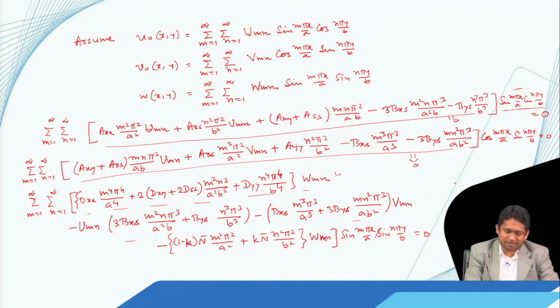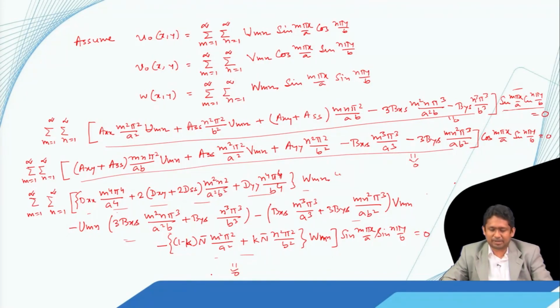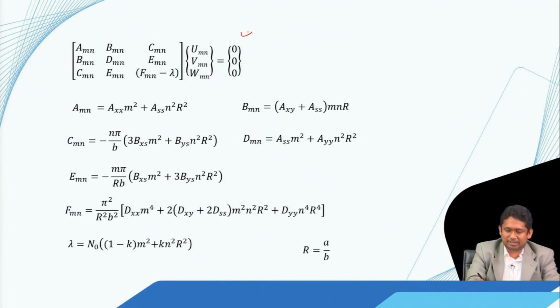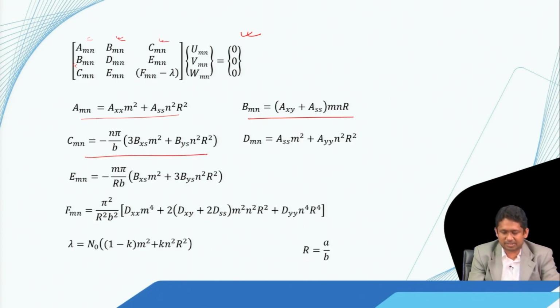Now we can say that whatever is inside the square bracket, that's equal to 0. So if I combine the three equations that we get for each m and n, the equation looks like this. Here AMN is this. Similarly BMN, what we see BMN here, that is this. Again BMN is here, the matrix is symmetric. CMN is here, the expression is this. DMN is the diagonal term, the expression is this.